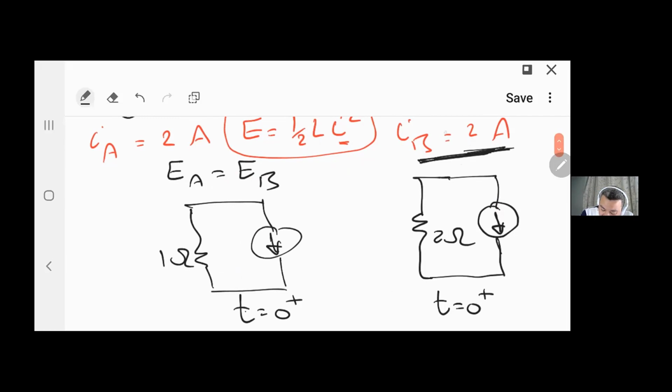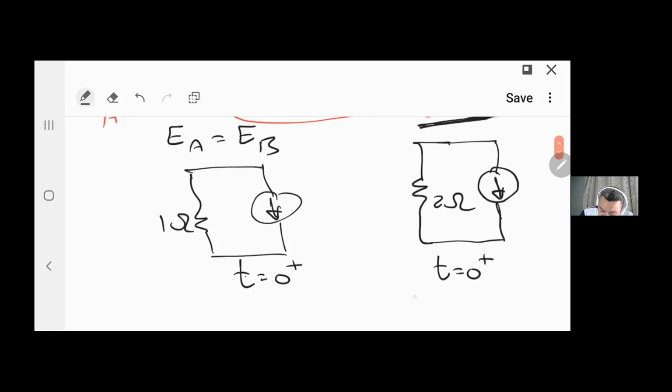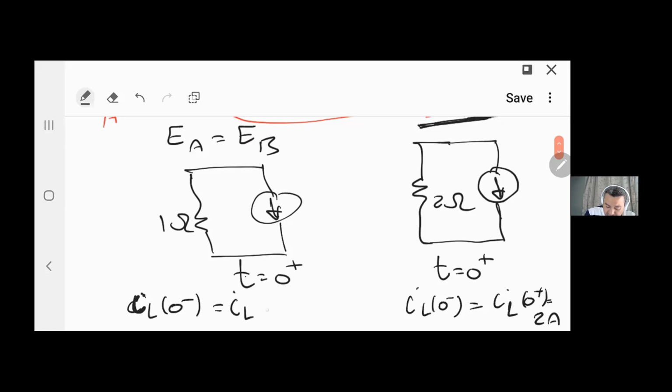So right now here I have IL 0 minus equals IL 0 plus equals 2 ampere. The same thing here, IL 0 minus equals IL 0 plus equals 2 ampere.